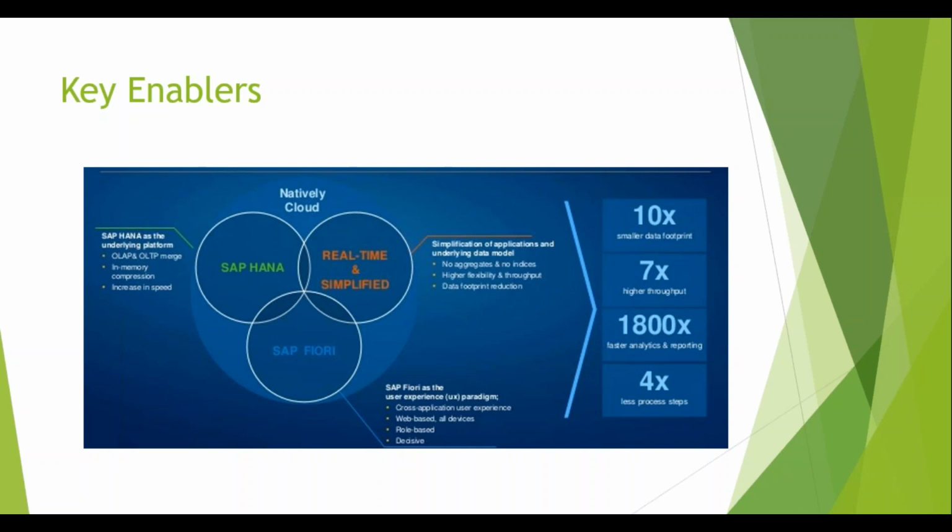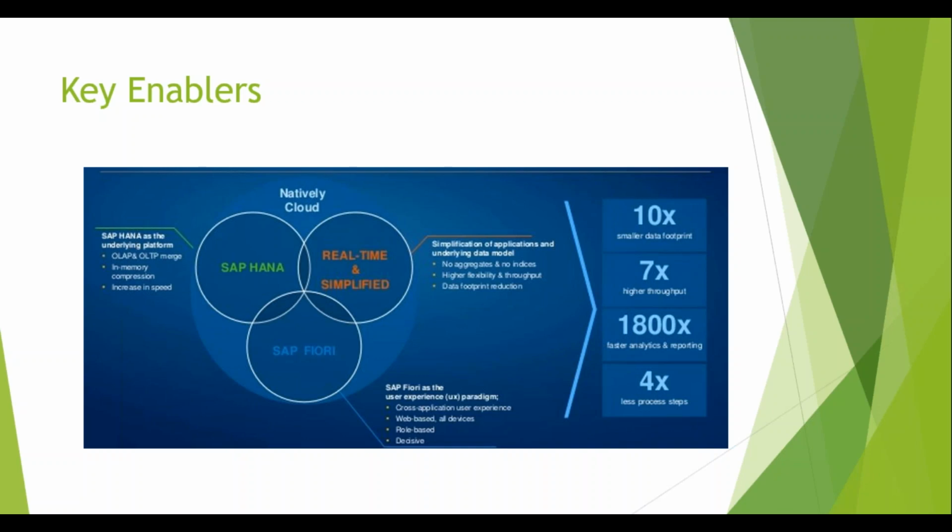7 times higher throughput. What is throughput? Throughput means output minus input. Now what is output and what is input? Output means the reports, the analytics. Input means the transactions. So why are we using SAP first of all?